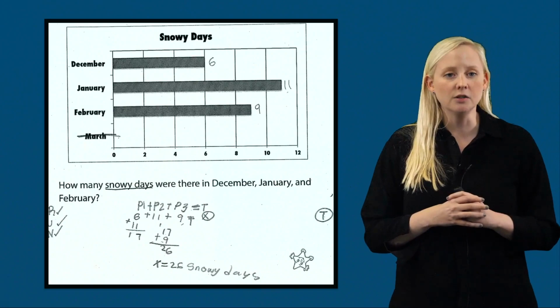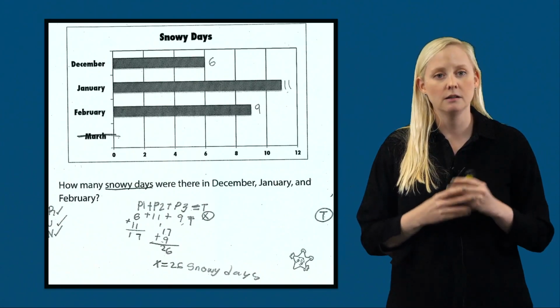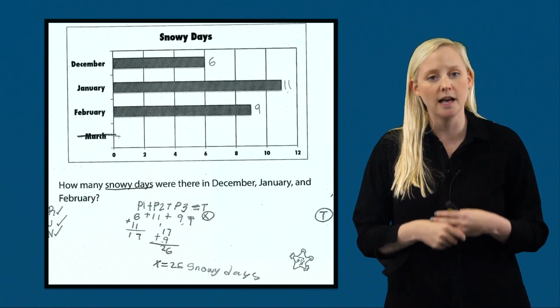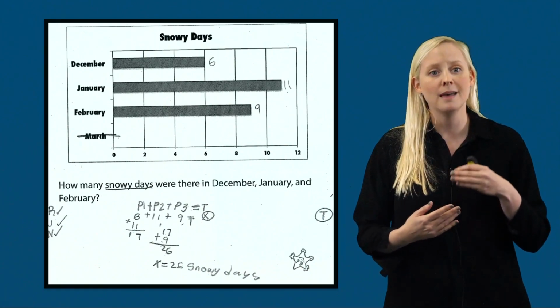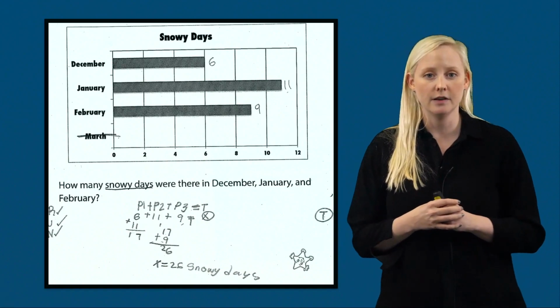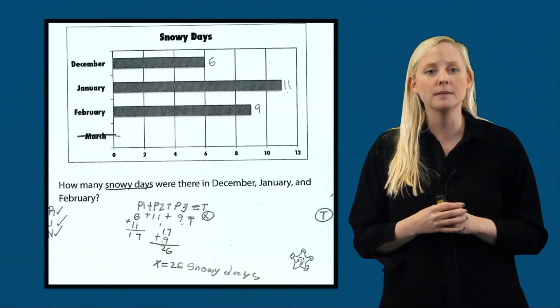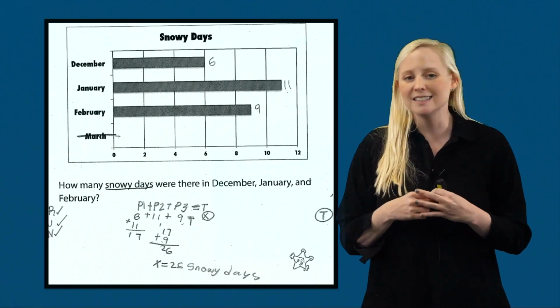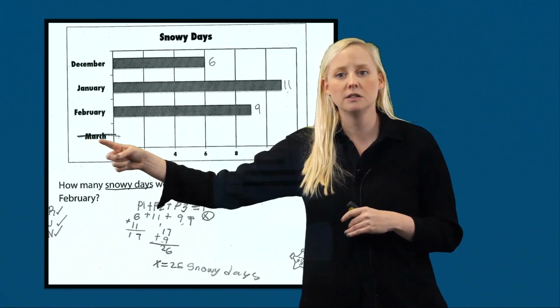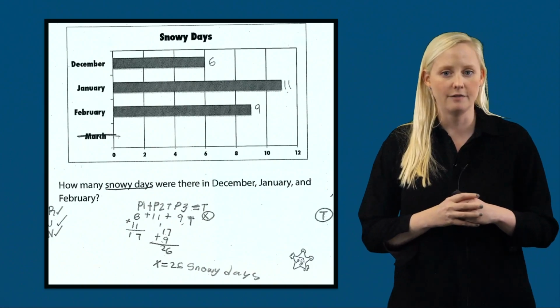The student also checked for relevant information. Like I mentioned on the previous slide, whenever there is a graph, the student needs to check the story or the word problem and the graph or table for relevant information. Here the problem is asking us about December, January, and February. The question is not asking us about March, so notice the student crossed out March on the graph.